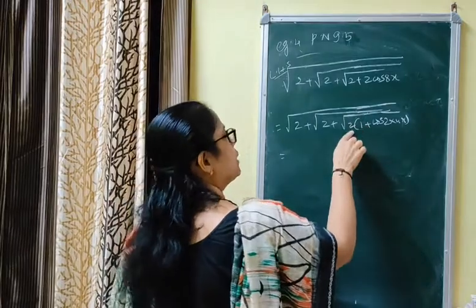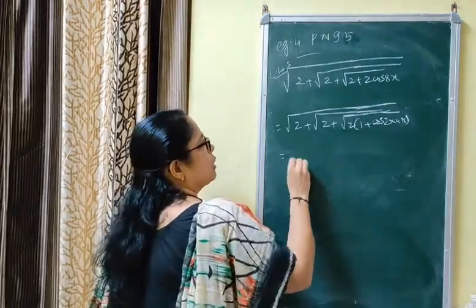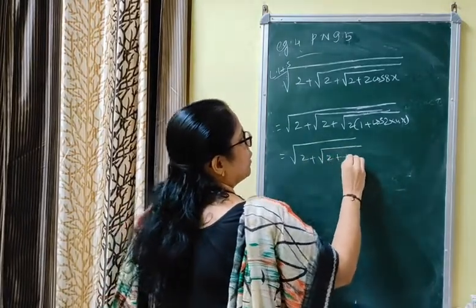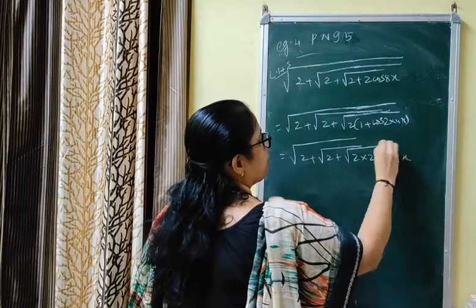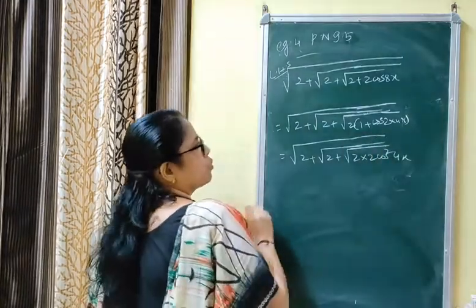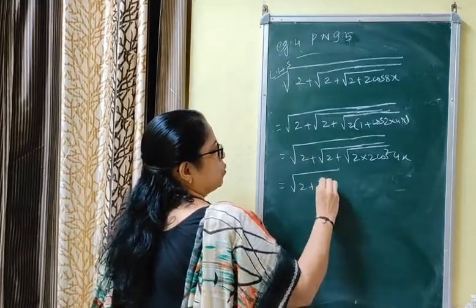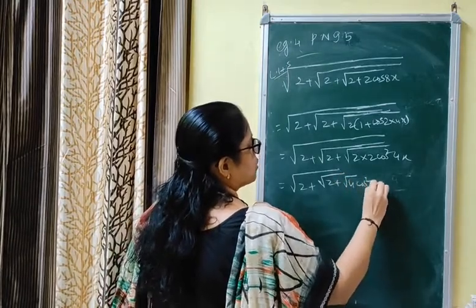Otherwise, first of all, you can take 2 common, after that you can write this adjustment, but I am writing together. It is under root of 2 plus under root of 2 plus under root of 2 into 2 cos square 4x. 1 plus cos 2 theta is 2 cos square theta. That is under root of 2 plus under root of 2 plus under root of 4 cos square 4x.